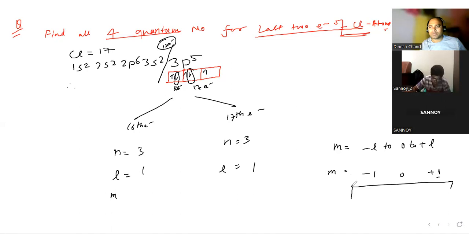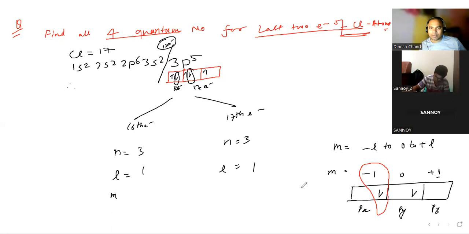Now we are checking. Here is the px, this is the py, and this is the pz. The last electrons are these 2 electrons. So what is the value of M for this electron? The value of M is -1.